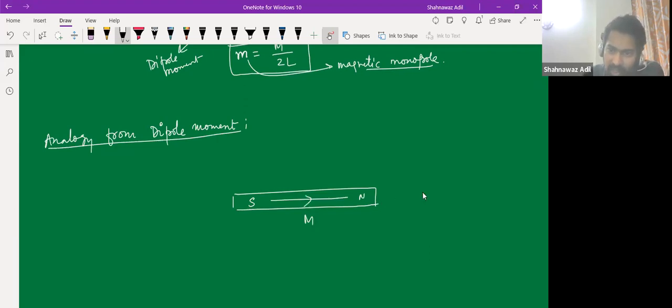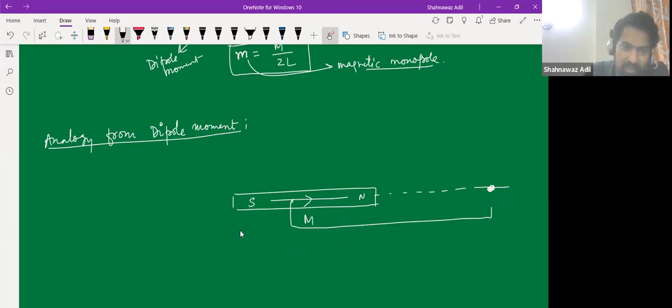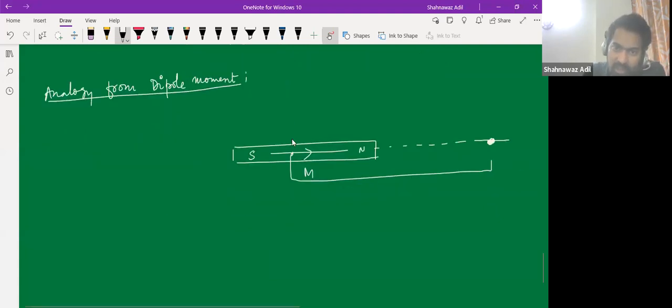If we are calculating the magnetic field at the equatorial point and at the axial point, this one is the axial point, and this one is the equatorial point.